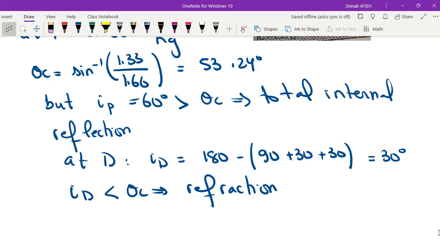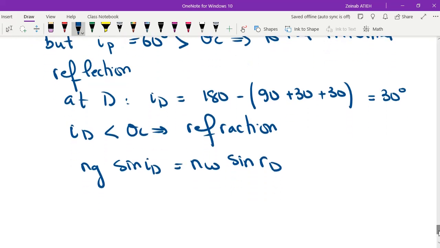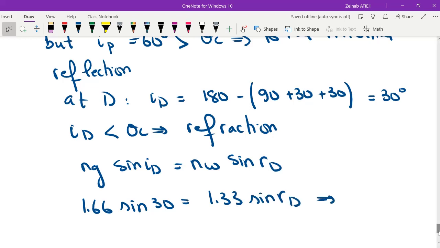Let's apply Snell's law: n glass sin ID equals n water sin RD. R is the angle of refraction. I'm searching for RD. 1.66 sin 30 equals 1.33 sin RD. Calculate. You will get RD equals 38.6 degrees.